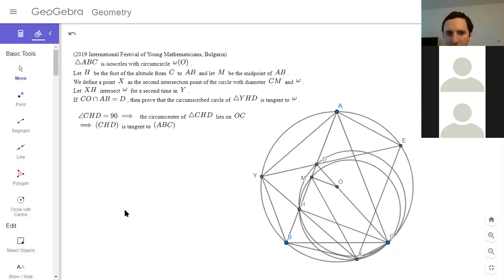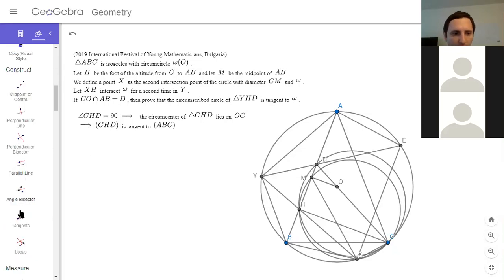I'm going to draw that tangent line again. Yeah, there's a lot of things I'm thinking of.